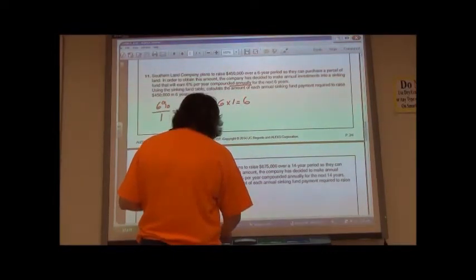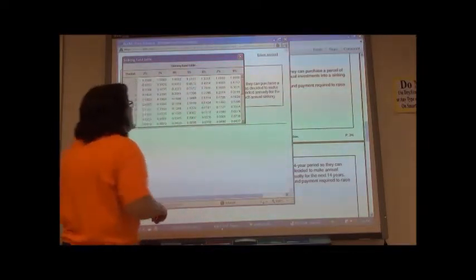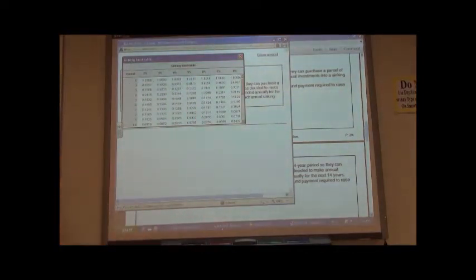If I look at my table, 6% 6 times is 0.1434.